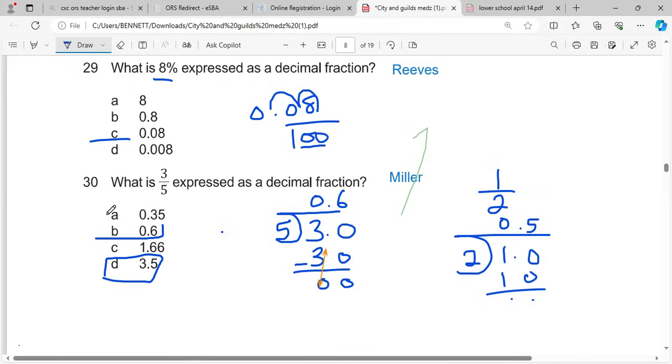I think he's talking about 30 though. Khalil, you're talking about 30, right? Or 29? Number 30. Okay, well, she still gave an explanation for 29, so I'm so grateful for that.